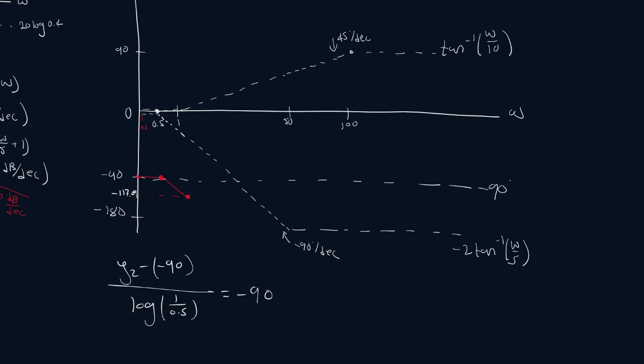So our slope from here on off is minus 45 degrees per decade. And this is obviously minus 90 degrees per decade. And this is like that all the way until we hit 50.